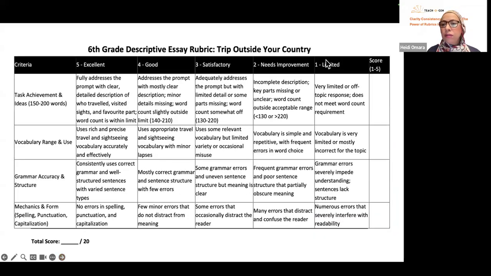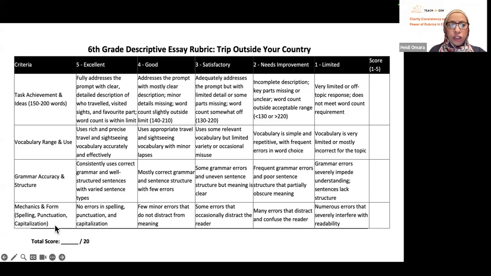This is an example, and I'm going to show you later the source of this rubric. So this rubric is for 6th graders, a descriptive essay rubric about a trip outside your country. So it's very specific to this topic.